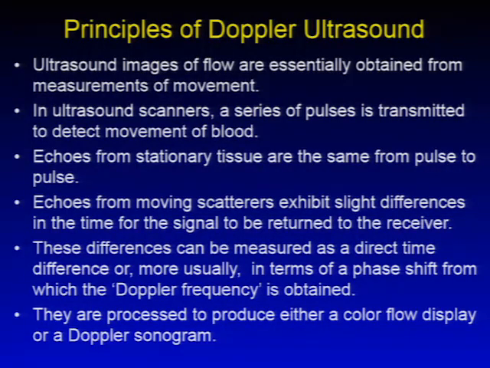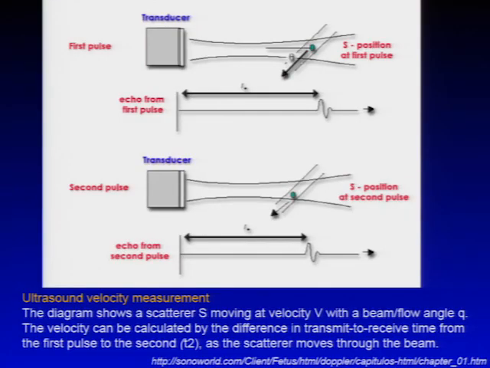There are processes to produce either a color flow display or a Doppler sonogram. Let me explain a little more. As I can show you here, you can picture the red blood cell flowing through one of the vessels, and then you use the transducer to detect the ultrasound image.